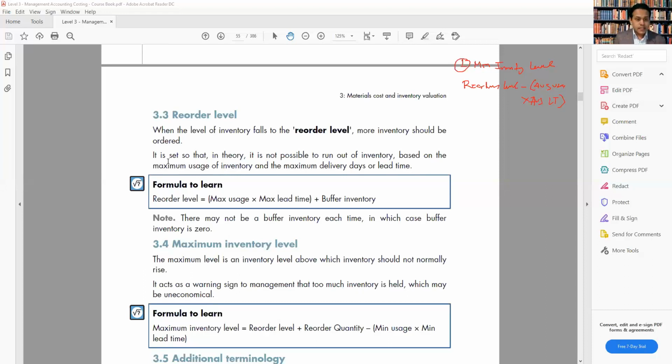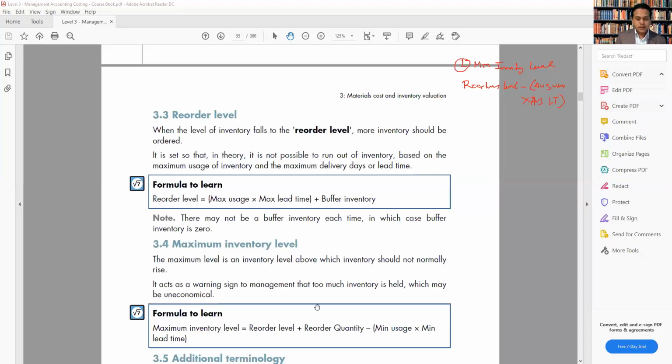This is so that in theory it is not possible to run out of inventory, based on the maximum use of the inventory and the maximum delivery days or lead time. The reason we want to do it is that we don't want to run out of inventory, so the reorder level has to be followed.